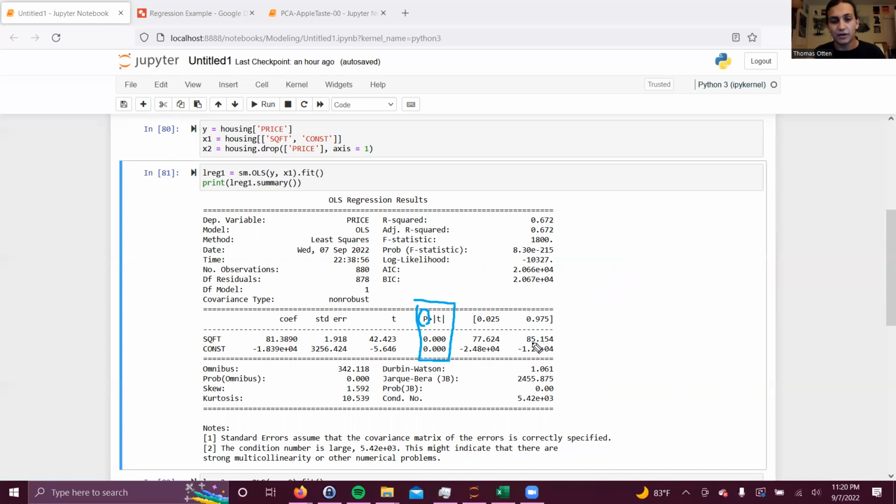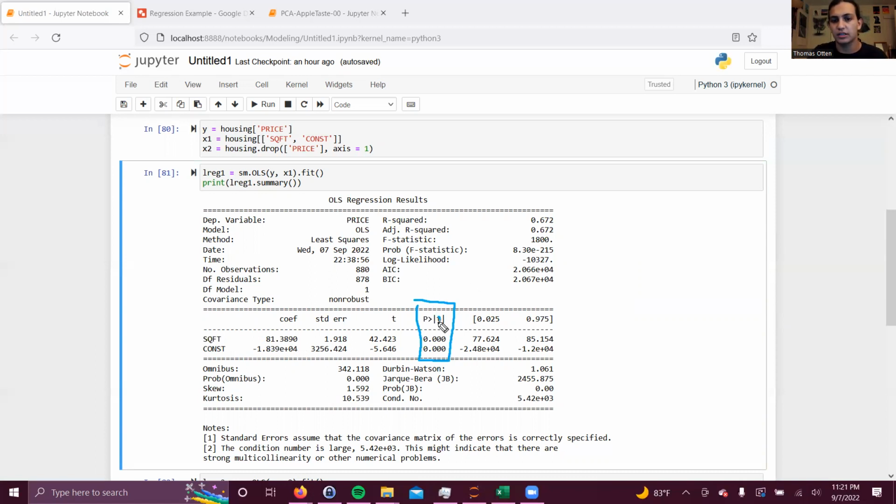Okay. The p-value is the probability that this number is significant. There's math behind how you get to a p-value.